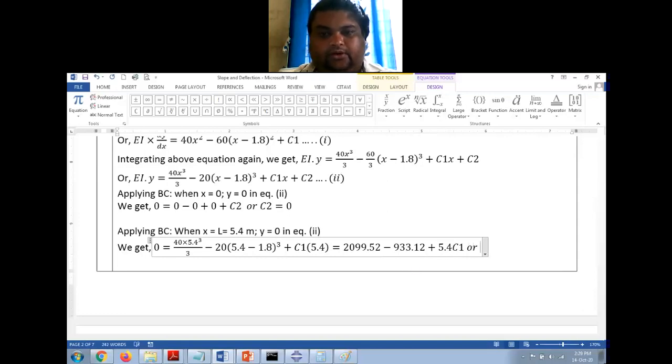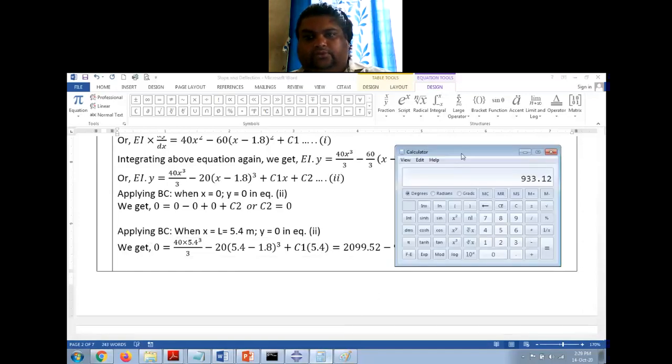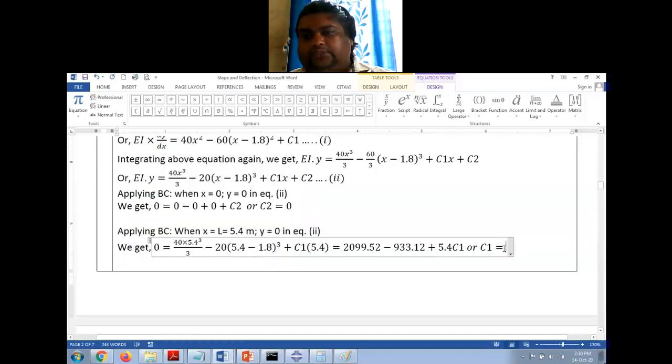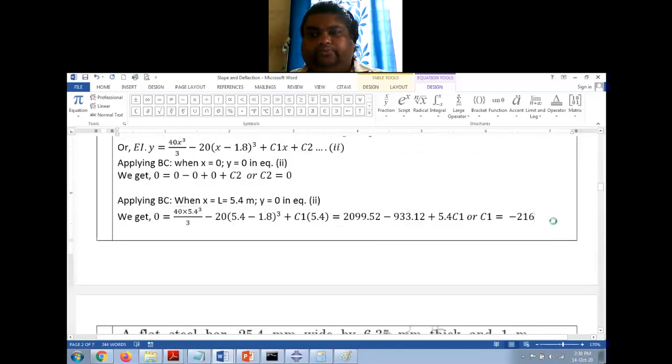So C1 is equal to how much? 2099.52 minus 933.12 is this. So it is a positive value. When it goes on the other side, it will become negative, divided by 5.4. So C1 is minus 216. Right?